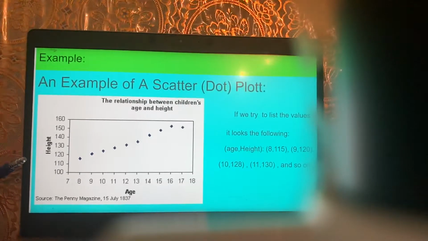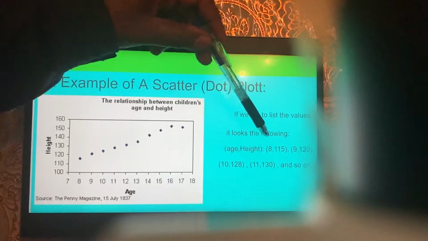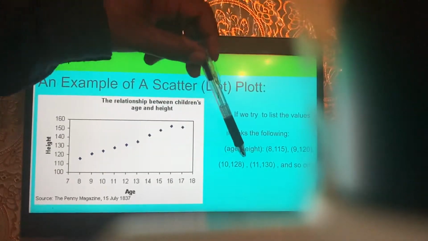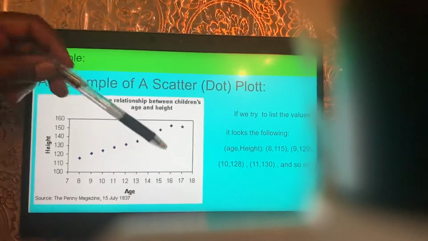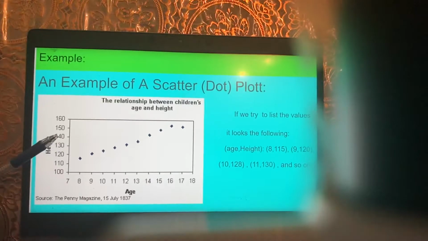So if we try to list values, or trace back the values of this dot plot, we list age and height: 8 and 115, 9 and 120, 10 and 128, 11 and 130. So we can trace back the data values from this dot plot. This can be done from a histogram and the like too.